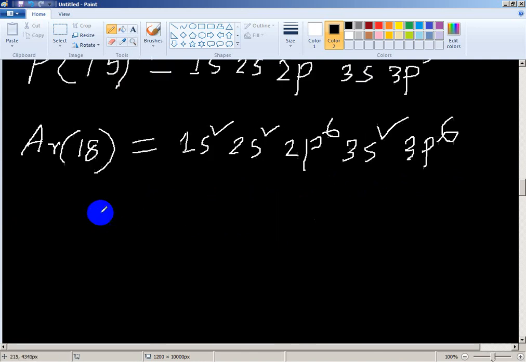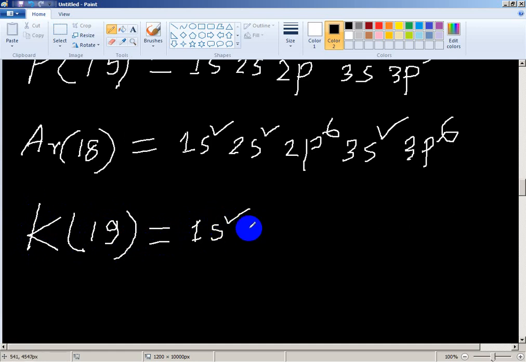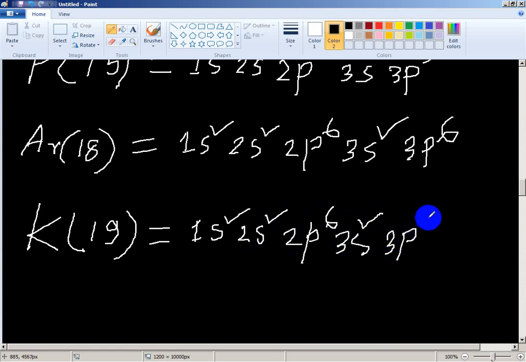Now potassium. Potassium is 19. Then its electronic configuration will be 1s2, 2s2, 2p6, 3s2, 3p6, then 3d.